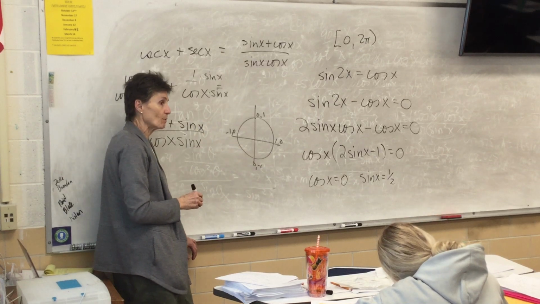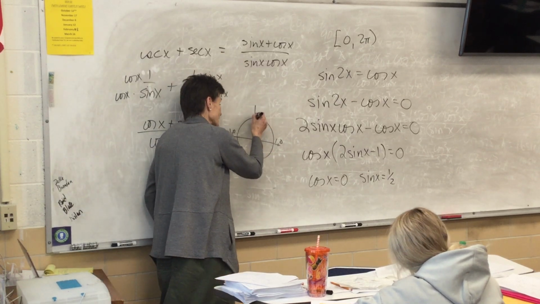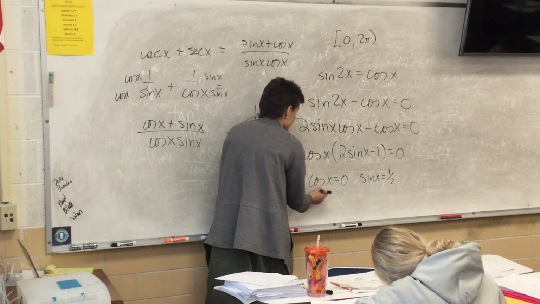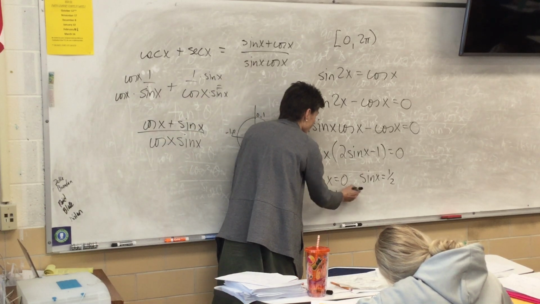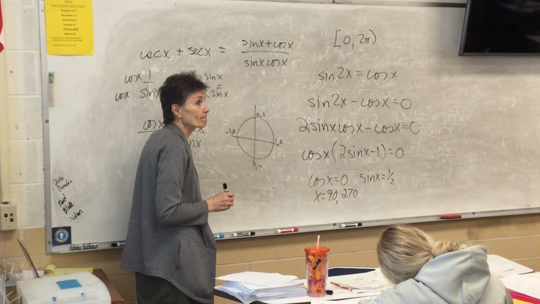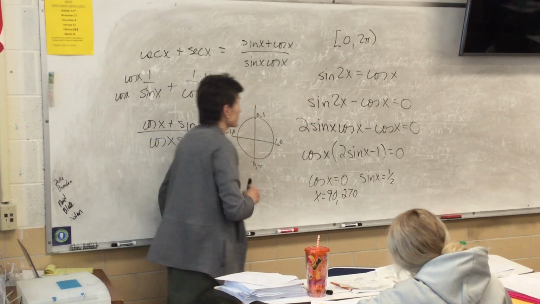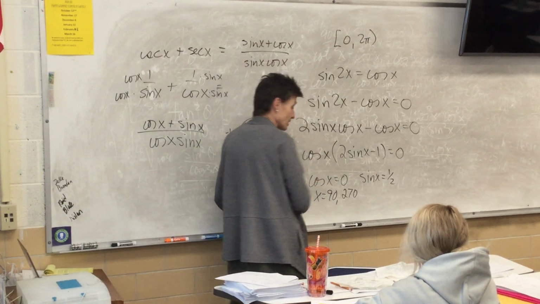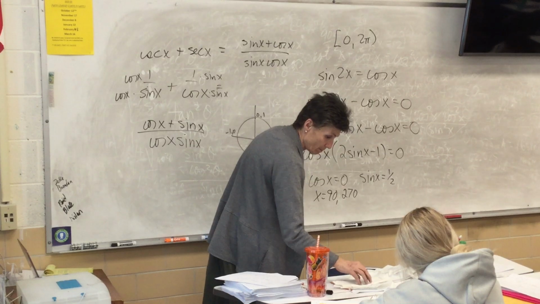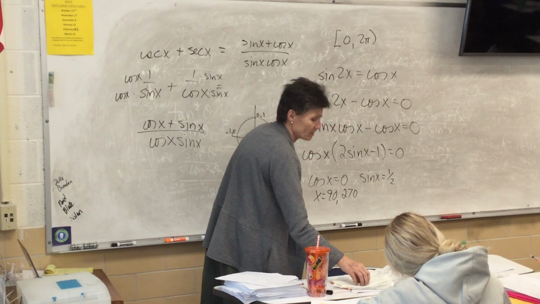Where is x 0? At 90 and 270. So these answers are 90 and 270. Would it have to be in radians? Oh shoot, yes, I wasn't paying attention to my directions. Thank you. So, not 90 and 270. What are my radian measures for 90 and 270?